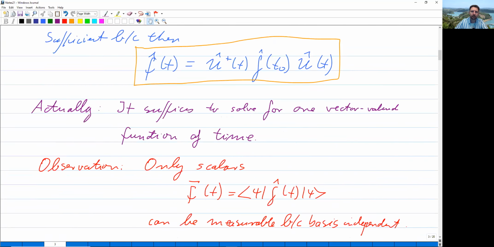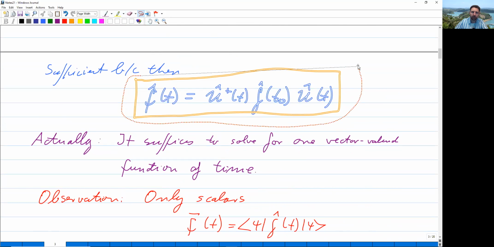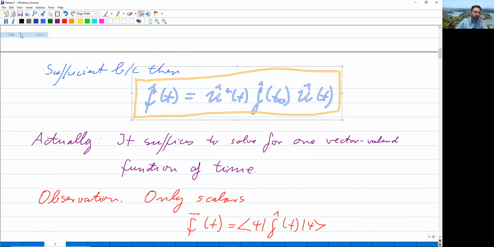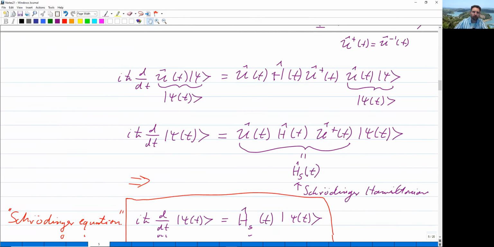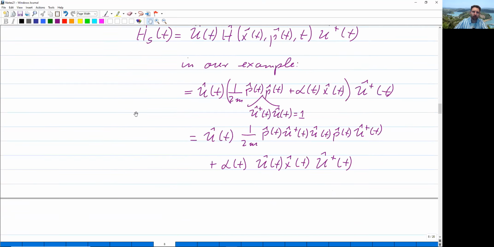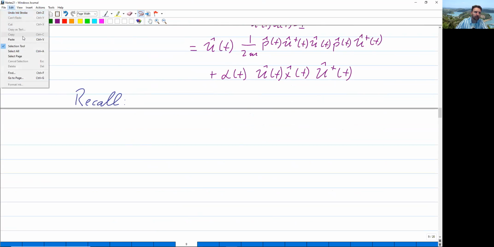Remember, we have this equation here. See that? This equation. Let me copy it, and now we move that down here. So recall, and then we put that here.